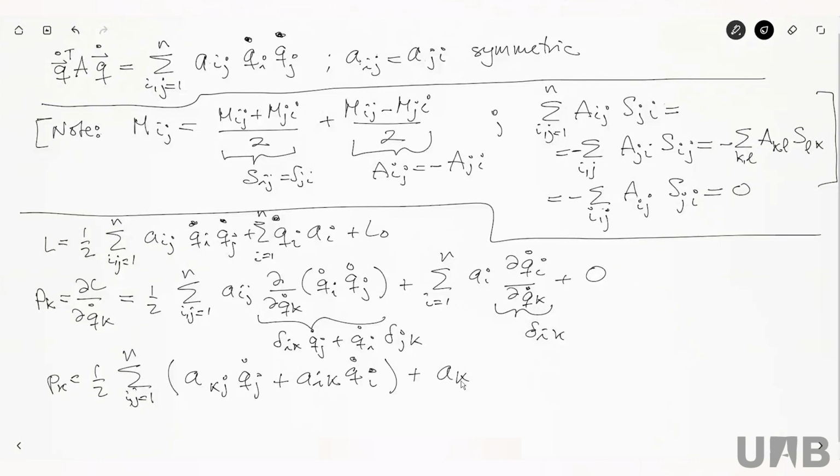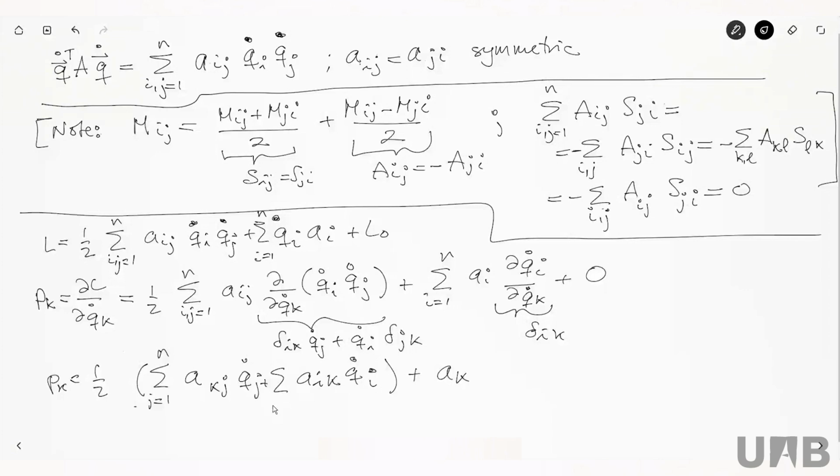Now, because these objects here, and here I have to be a little bit more careful. I have to separate this sum. So I have to put here the sum over j from 1 to n, and that is because i has already been frozen to be k. And these other ones, I also have to change the sum.